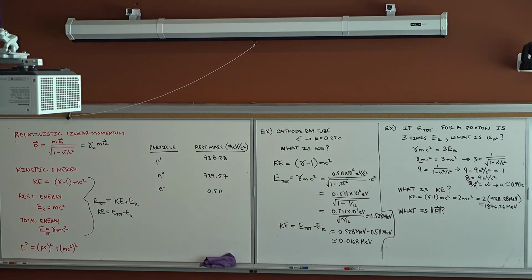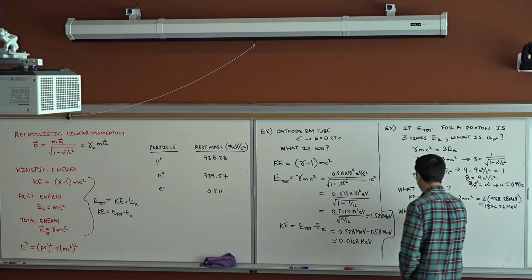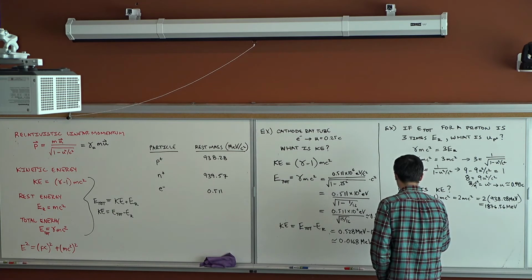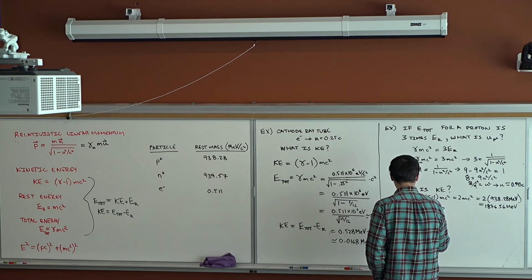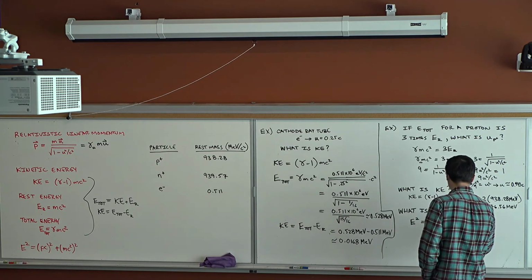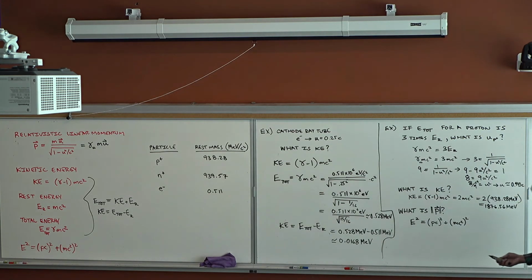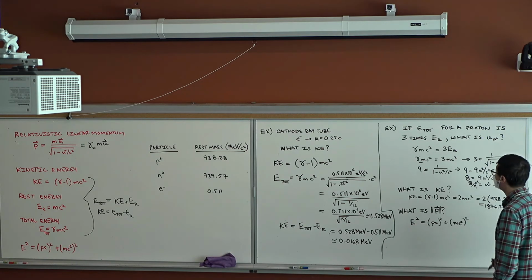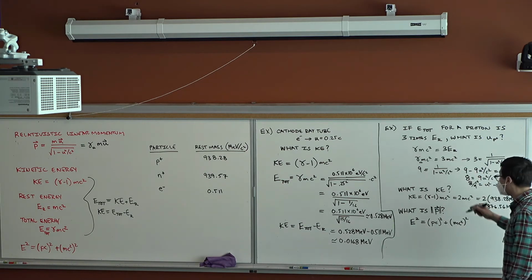So if we want to find the momentum, we can use that equation at the bottom. E squared is equal to (PC) squared plus (MC squared) squared. P is for momentum. Here we know the total energy: the total energy is 3 times the rest energy.